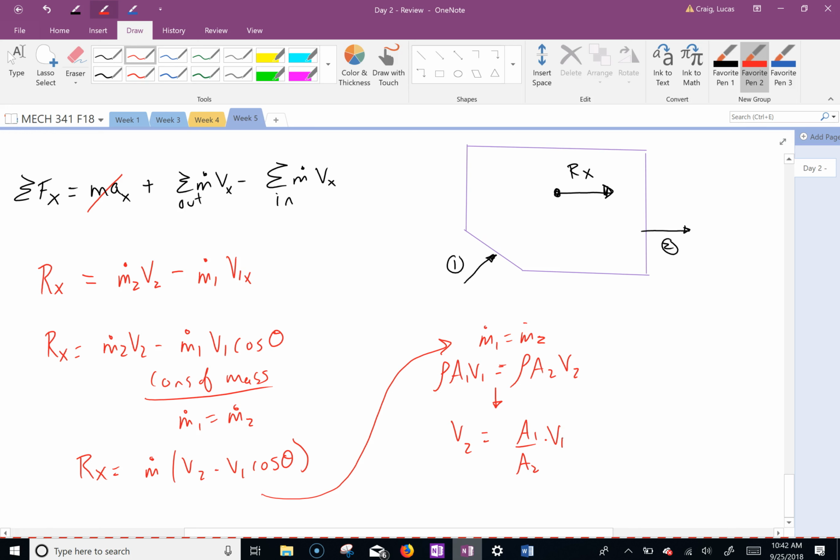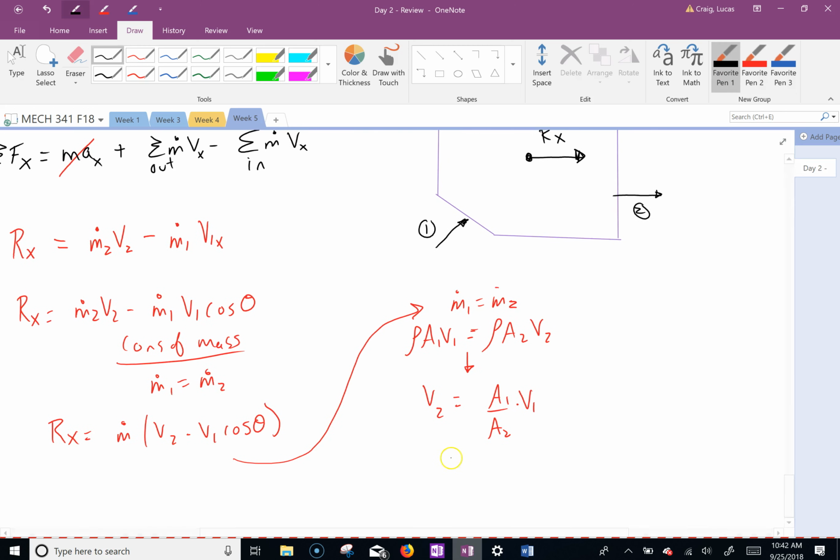And technically, you could plug this back into here and have kind of a more simplified equation. Where if I give you the areas of the two, you can then kind of go further. I just wanted to show you that in case you had to do that, okay?